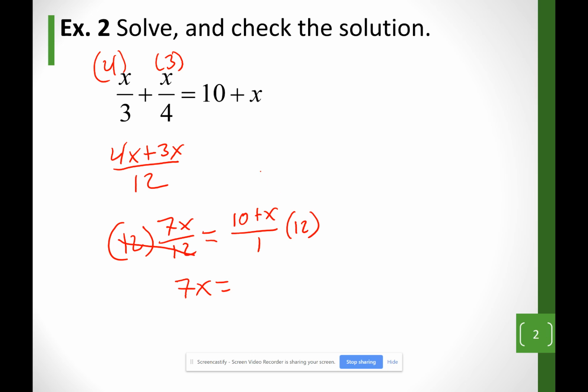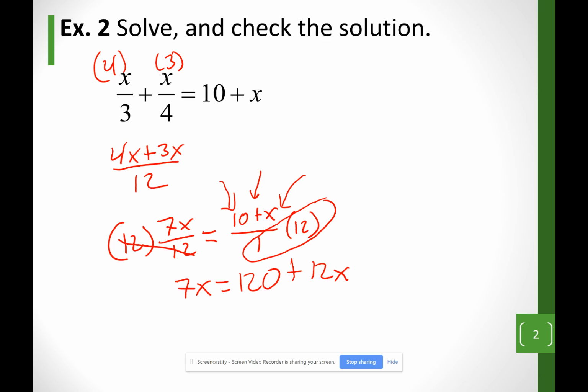Now here, keep in mind there's a plus sign, so be careful with that. 12 divided by 1 is 12. Multiplied times 10, I'd get 120. 12 divided by 1 is 12. Multiplied with x, I get 12x. So make sure you do 12 divided by 1, and your result you multiply with 10 and you multiply with x. You have to multiply to both because of the plus sign in between.